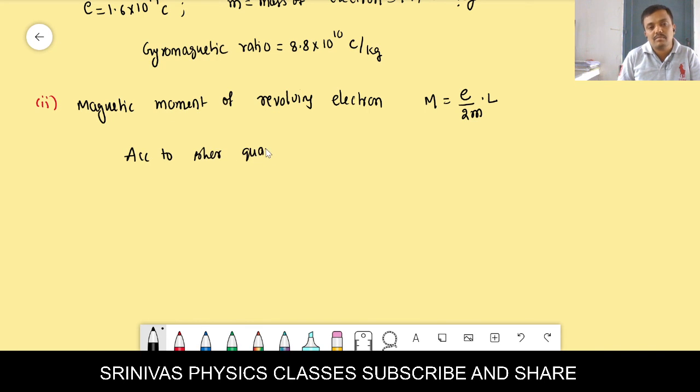According to Bohr quantum theory, angular momentum of revolving electron is equal to integral multiple of h by 2 pi, where n is the principal quantum number 1, 2, 3 and h is the Planck's constant.